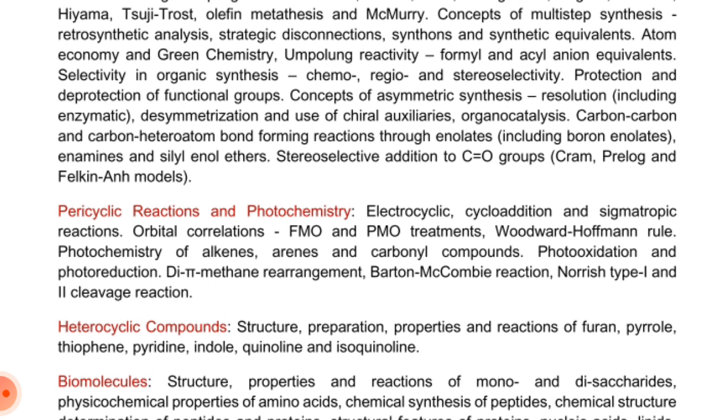Concept of multi-step synthesis, retrosynthetic analysis, strategic disconnection, synthon and synthetic equivalent, atom economy and green chemistry, umpolung reactivity, formyl and acyl anion equivalent. Selectivity in organic synthesis: chemo-, regio- and stereoselectivity, protection and deprotection of functional groups, concepts of asymmetric synthesis, resolution including enzymatic, desymmetrization and use of chiral auxiliary, organocatalysis.